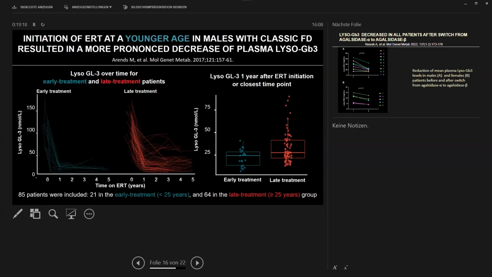The one group on treatment younger than 25 years, and the other group with treatment over 25 years. And you see that in the early treatment group on the left side, the Lyso-GB3 level decreases more profoundly and remains quite low compared to the late treatment group.